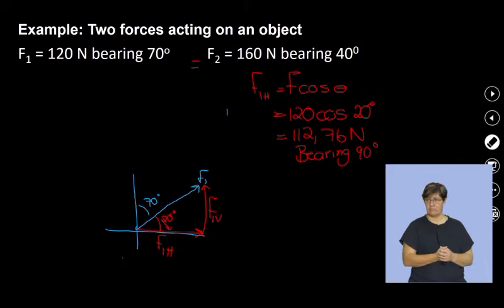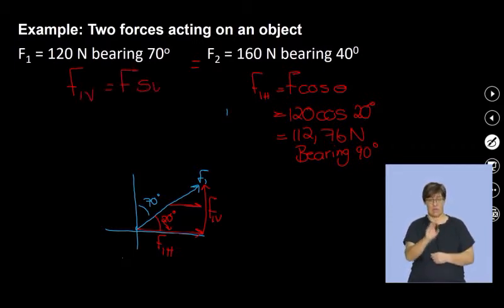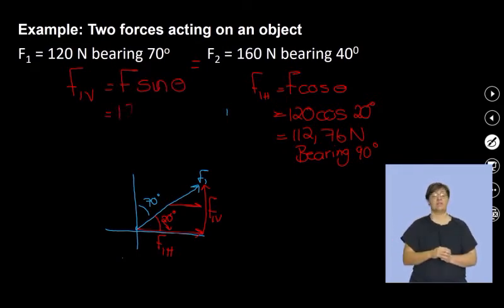Okay, now we're going to do the vertical. There we go. So now, over here, vertical is opposite. So F1 vertical is F, opposite means sine theta. So now we're going to do 120. I don't know why I'm putting a degree sign there, because there isn't a degree. So let's take that out. No degree there, but it's sine 20.